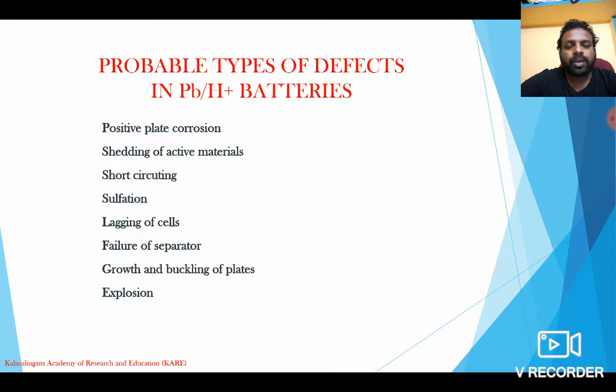It affects the charging as well as the discharging process. Then lagging of the cell, and failure of the separator. If the separator fails, it is going to short circuit between the electrodes, so it may affect the performance of the battery. And growth and buckling of plates, and explosions. These are the probable types of defects created in rechargeable batteries.